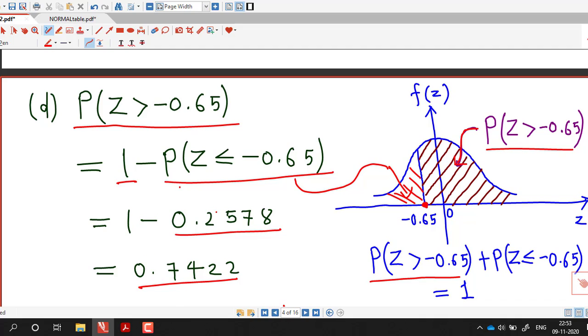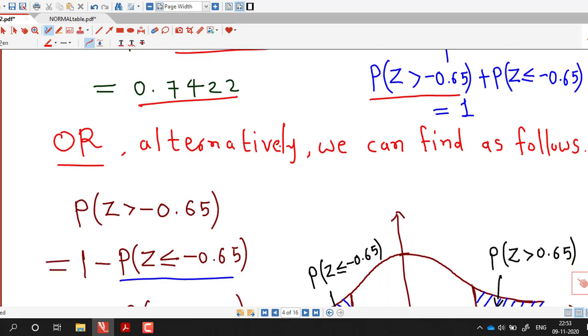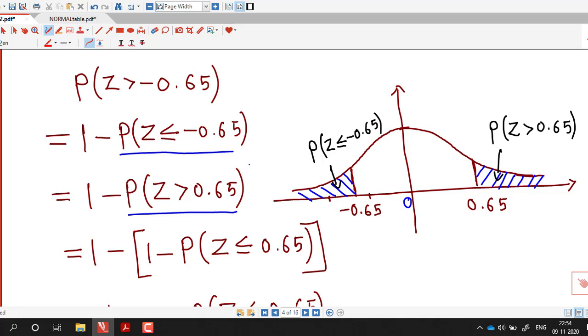Now if we don't have these values of areas for negative value of Z, then we can alternatively find as follows. So this is another way of calculating the same probability.